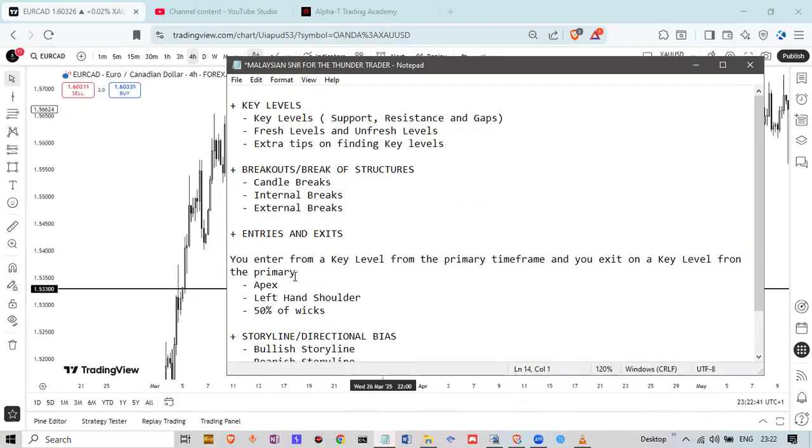Then what else you want to understand is that you take your entries on what? On a secondary time frame.